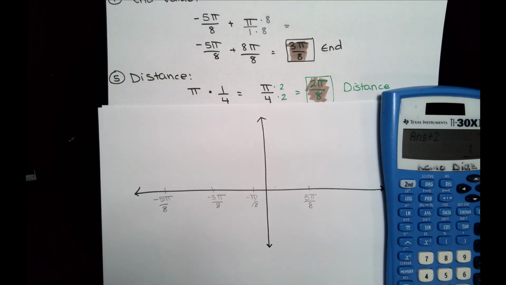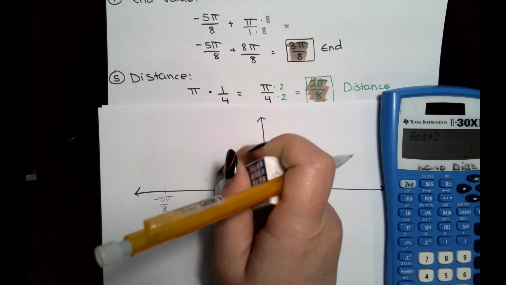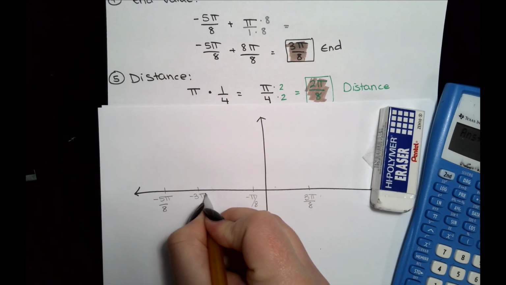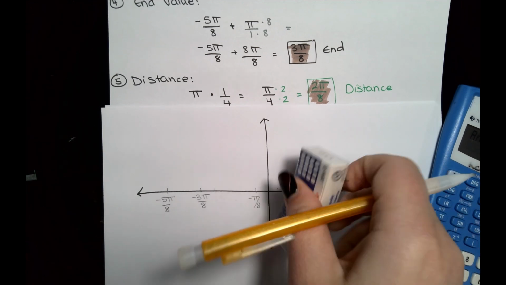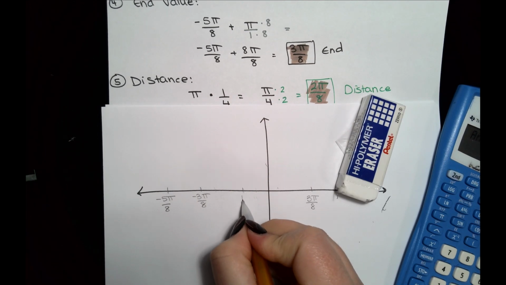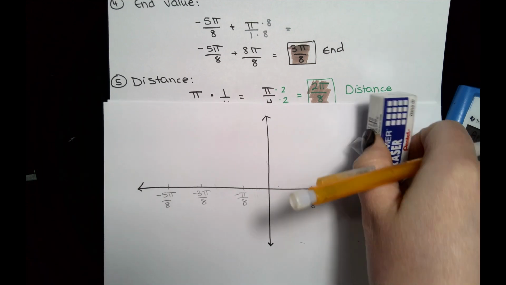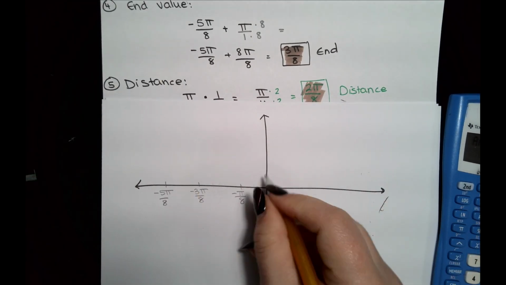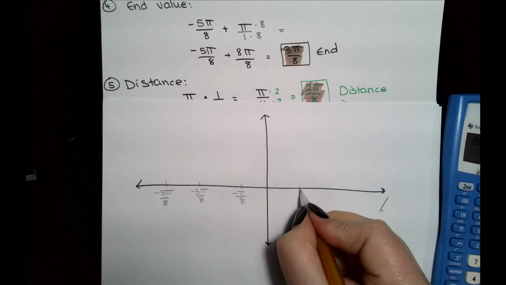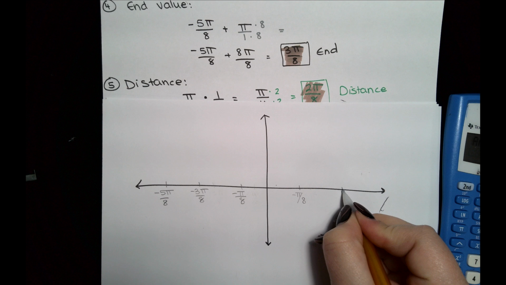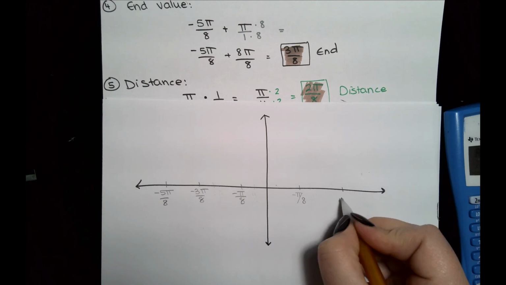So I'm going to move my -3 pi eighths a little bit closer here. Then I'm going to shift this a little bit closer here as well. Which means my 3 pi eighths needs to be shifted out. Always use pencil. We are human. This is not exact, but we also want to be as precise as we can.